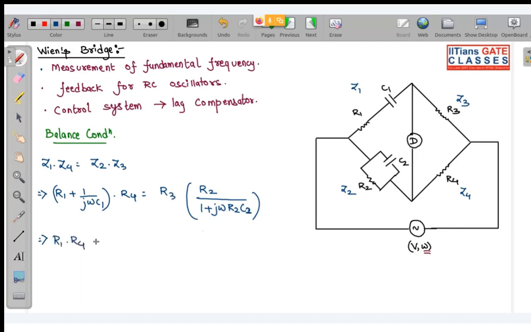(R1 into R4 minus 1 by j omega C1) is equal to R4.